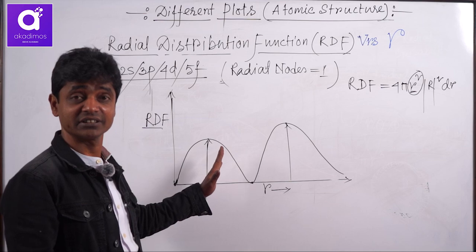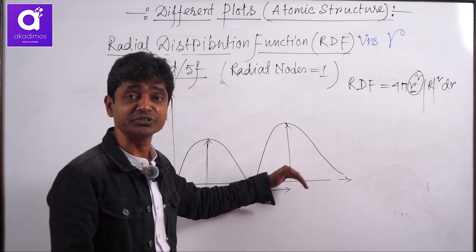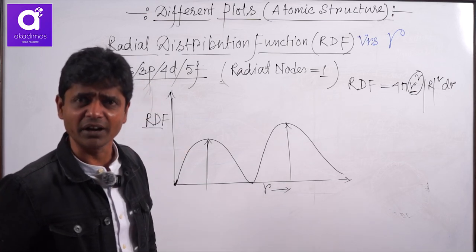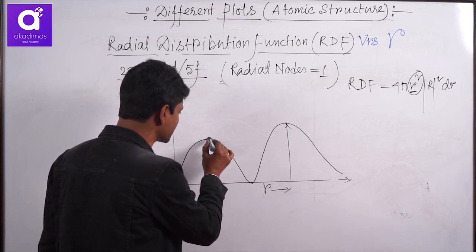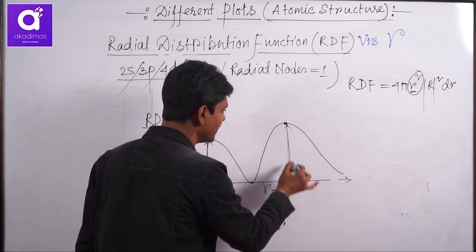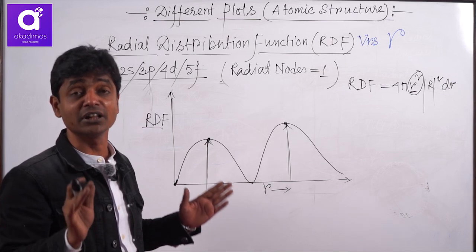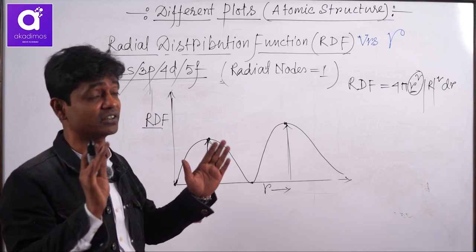This is different from the previous radial probability plot, where the amplitude decreased. And one thing to remember: these are the maxima. The number of maxima equals the number of nodes plus 1.